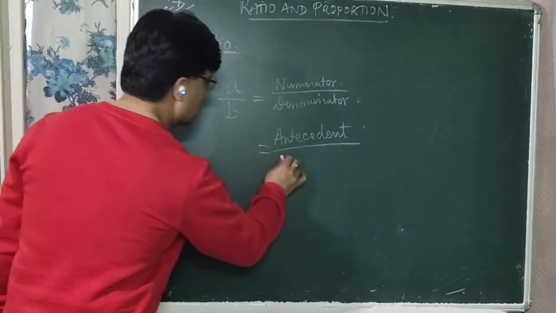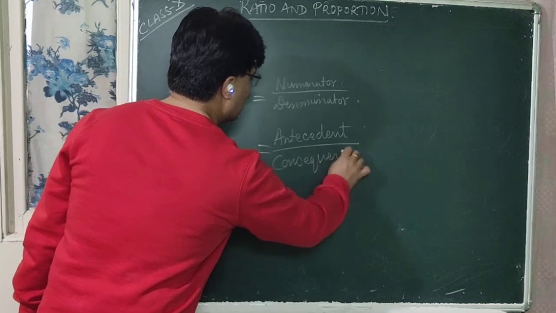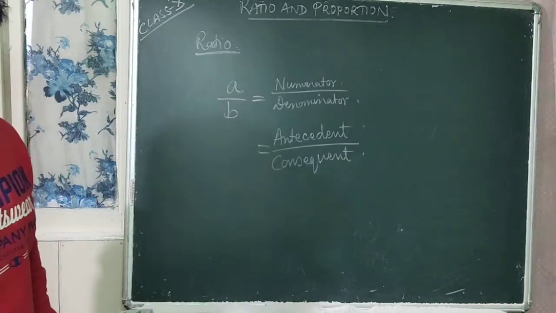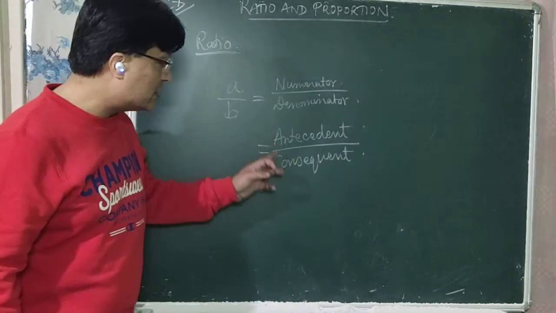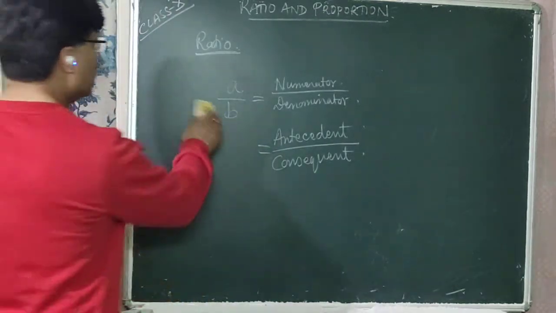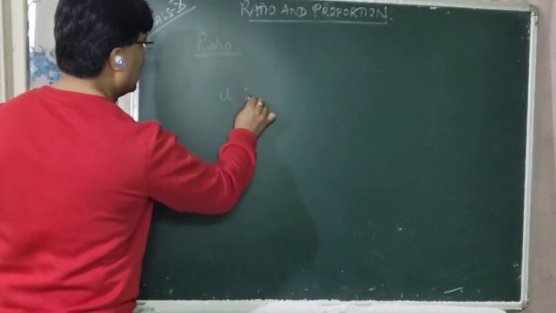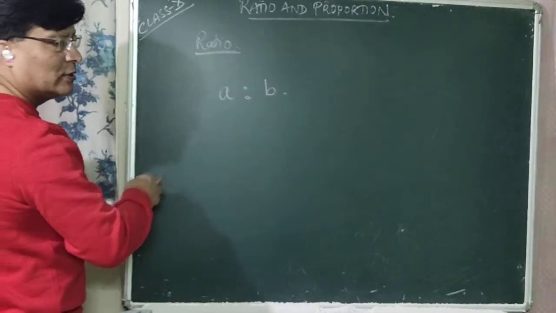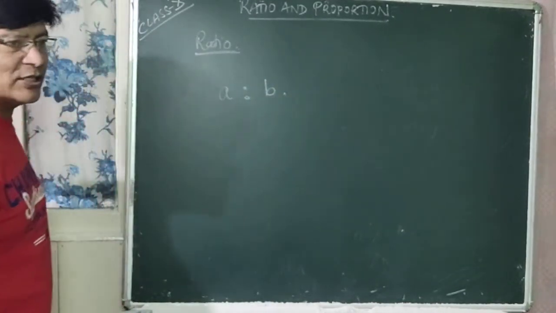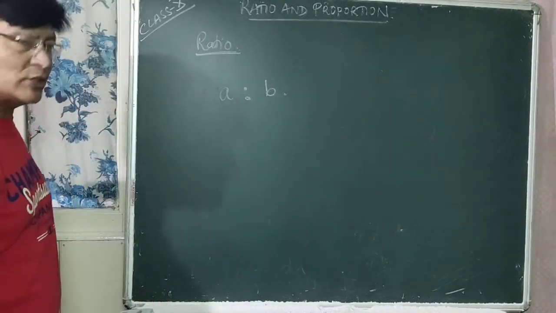This denominator is also known as the consequent. That is antecedent divided by consequent, right? So now this fraction can be written in terms of ratio, that is A is to B. So you know that A is known as the antecedent and B is known as what? This is known as the consequent.